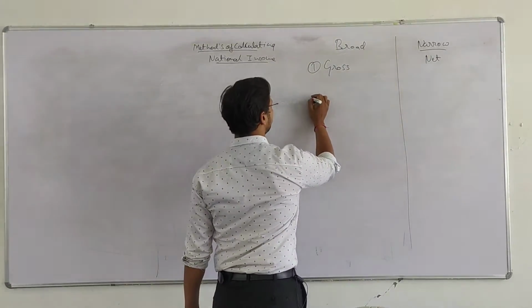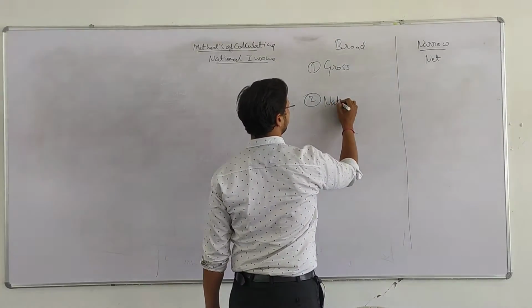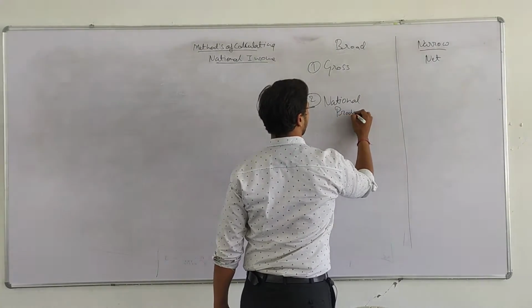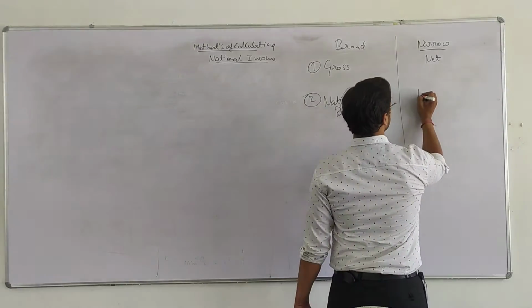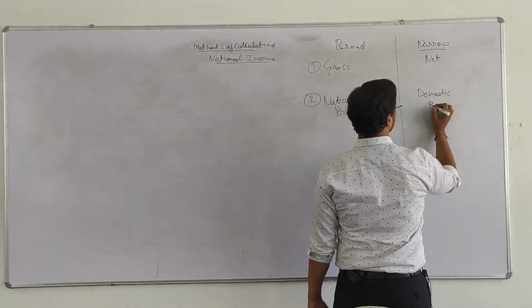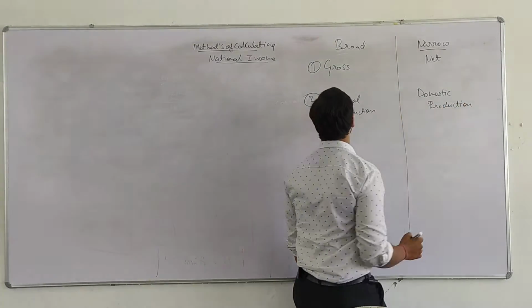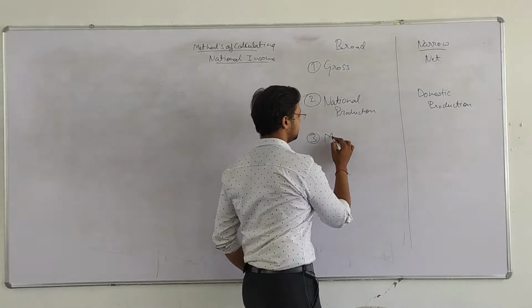The other one was national production, and the narrow one for that was domestic production. Third was market price.